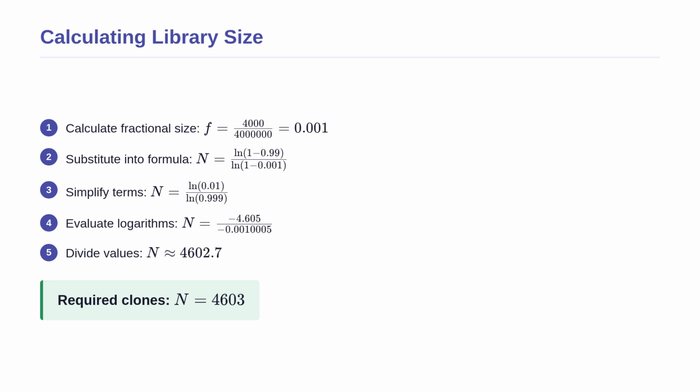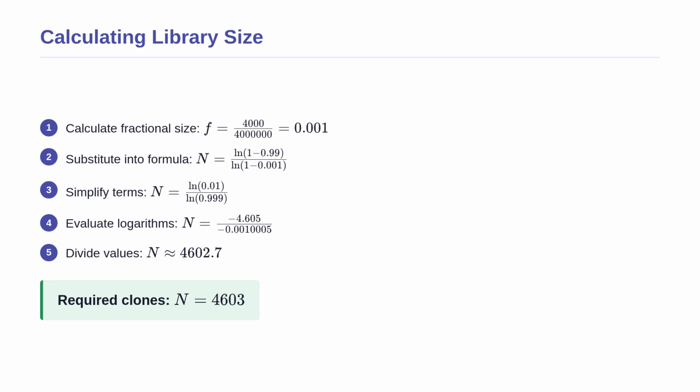First, we find the fractional size f by dividing the insert capacity of 4,000 by the total genome of 4 million, giving us 0.001. Next, we substitute our probability P as 0.99 and f as 0.001 into the formula.